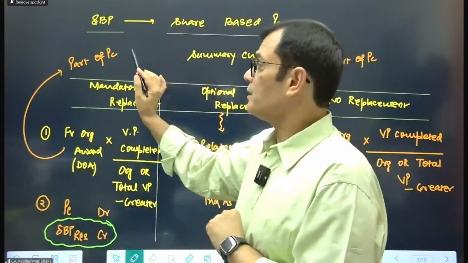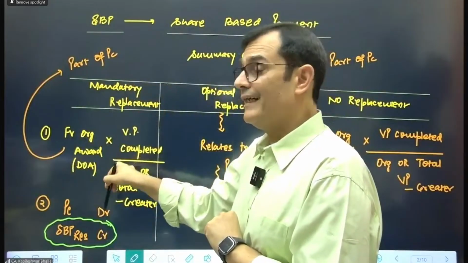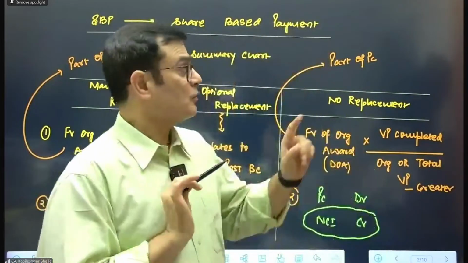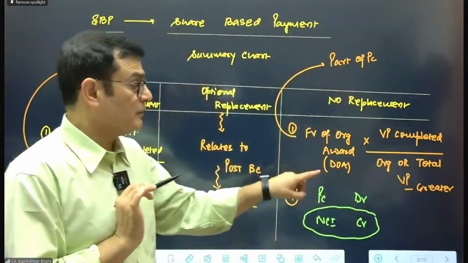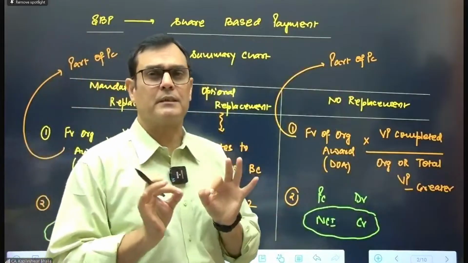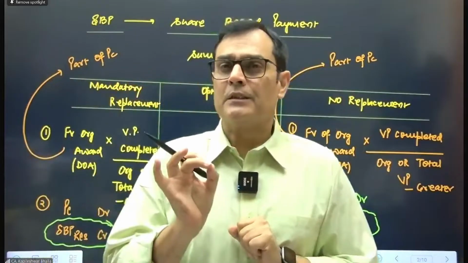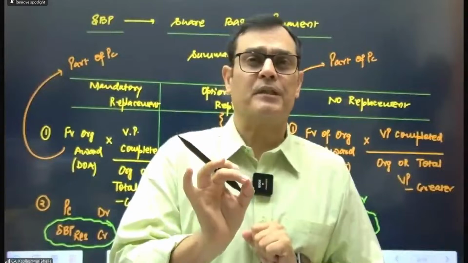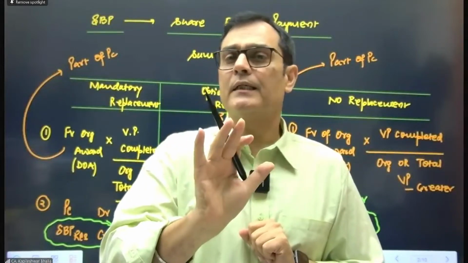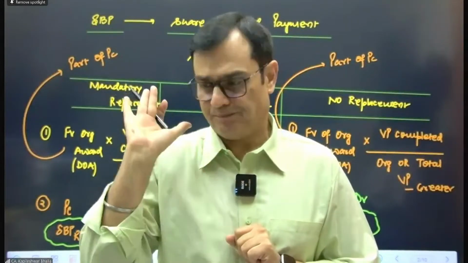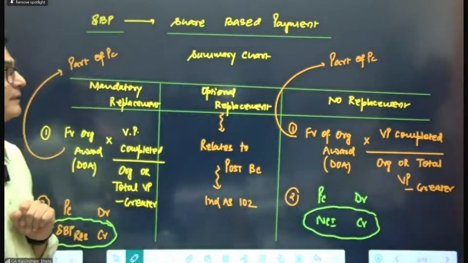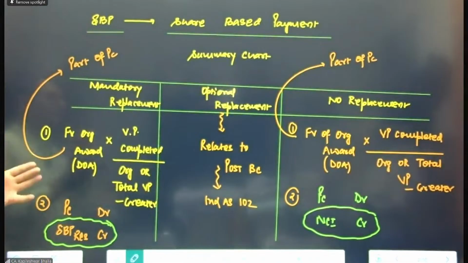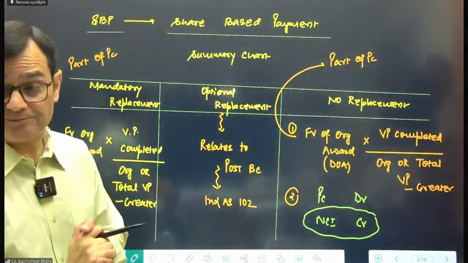Here you're taking it as a part of the PC, then crediting the SBP reserve. Here also it is a part of the PC, but then you're crediting the NCI. So the only distinction is in terms of crediting SBP reserve or crediting the NCI; rest everything is absolutely similar. Right, friends, I hope I am clear with the summary chart of the share-based payments as well.